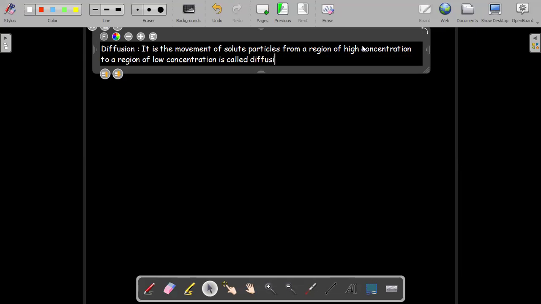So during the process of diffusion, we observe that the solute particles move from a region of high concentration to a region of low concentration.